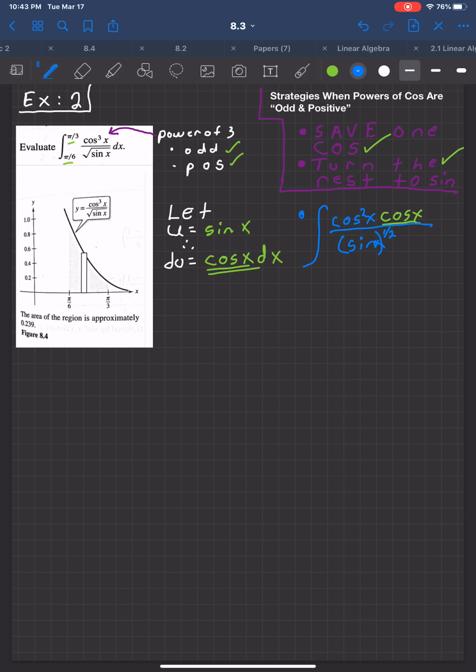And hopefully you can anticipate where I'm going to go next. To divide by sine to the power of 1/2 is to multiply by sine to the power of negative 1/2.